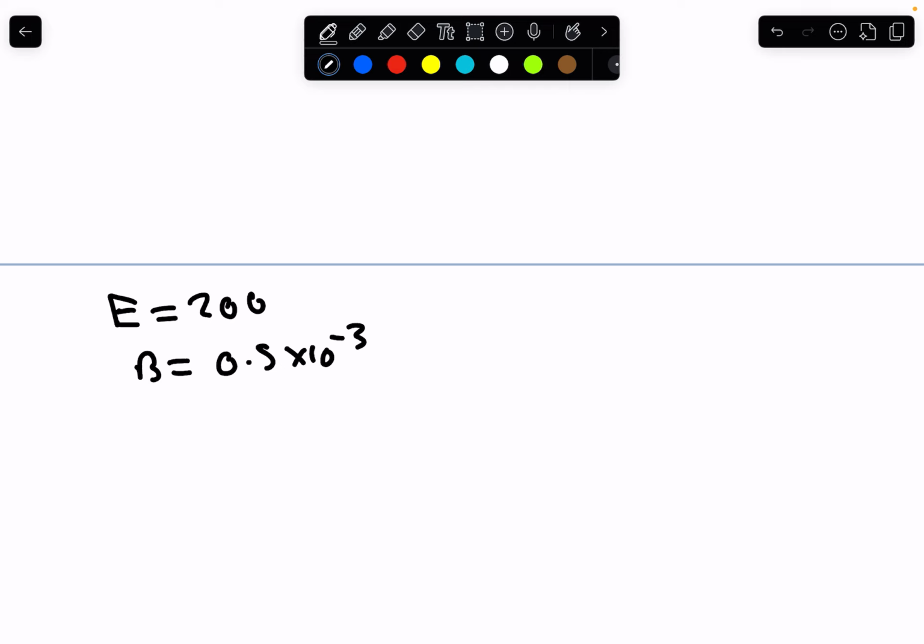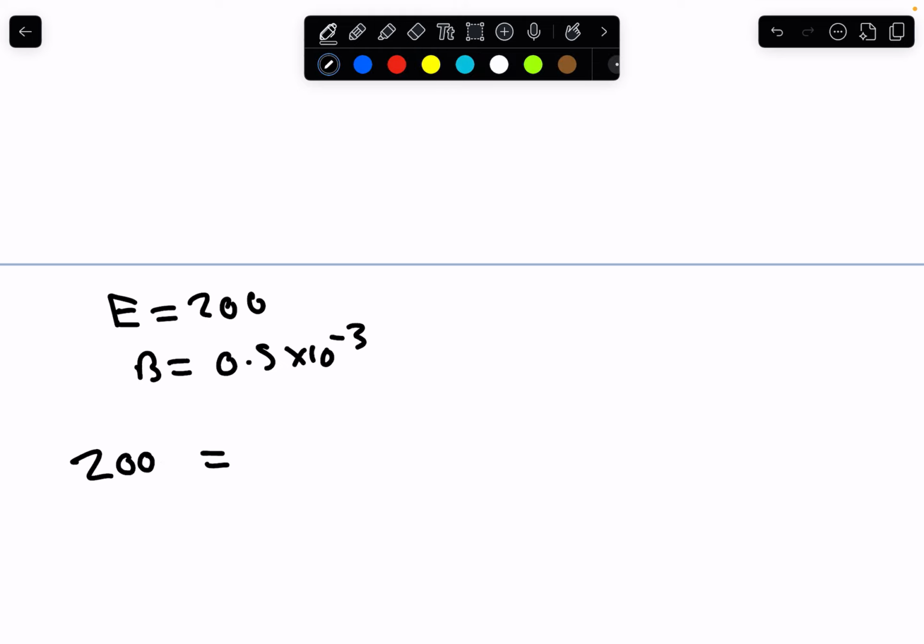Let's see how we'll do it. So let's write E as F over Q, so 200, the electric field strength, multiplied by Q, the charge, equals the magnetic force, which is QvB, and B is 0.5 times 10 to the negative 3.